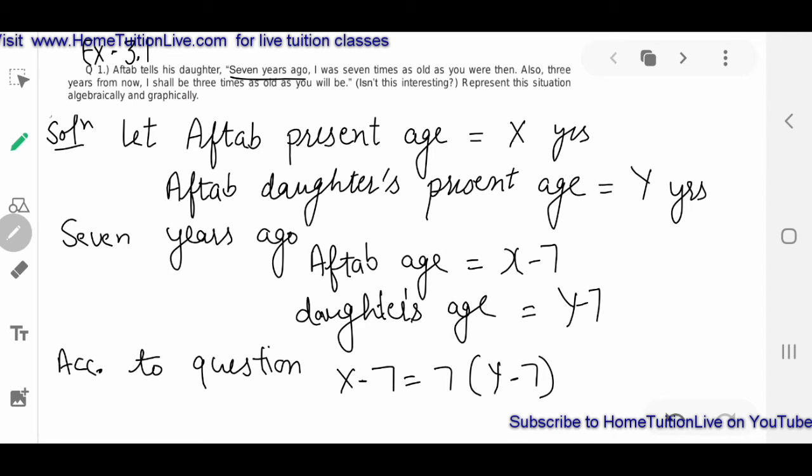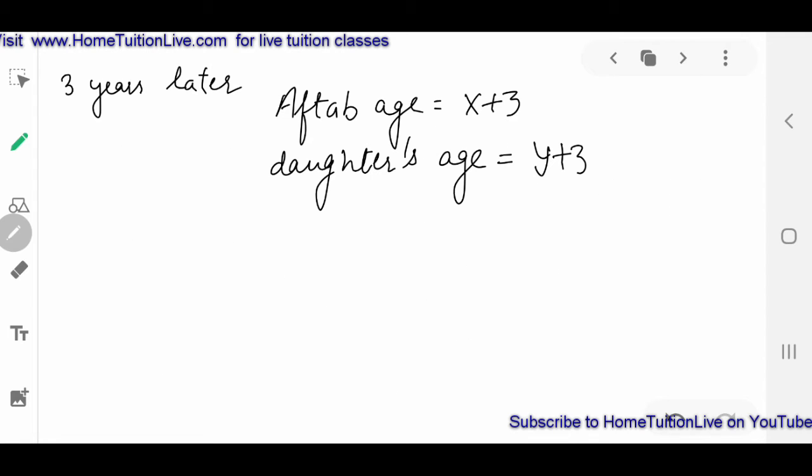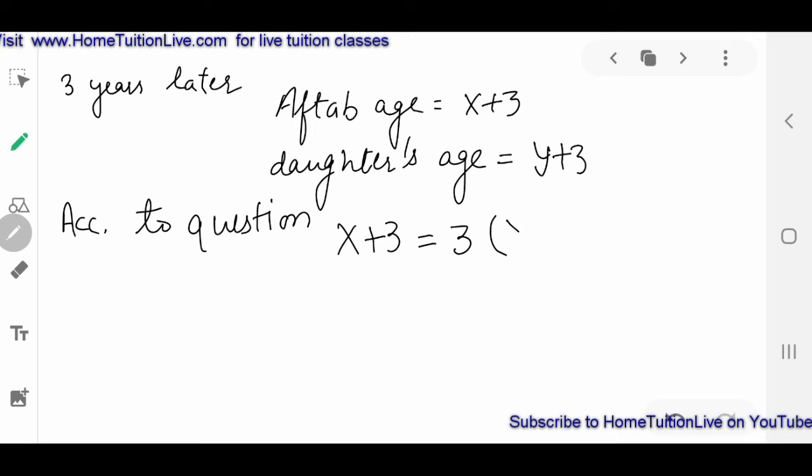And according to the question, I shall be 3 times as old as you will be. What he is saying is that Aftab will be 3 times her daughter's age. So according to the question, this is our second equation. This is our first, we will solve this equation.